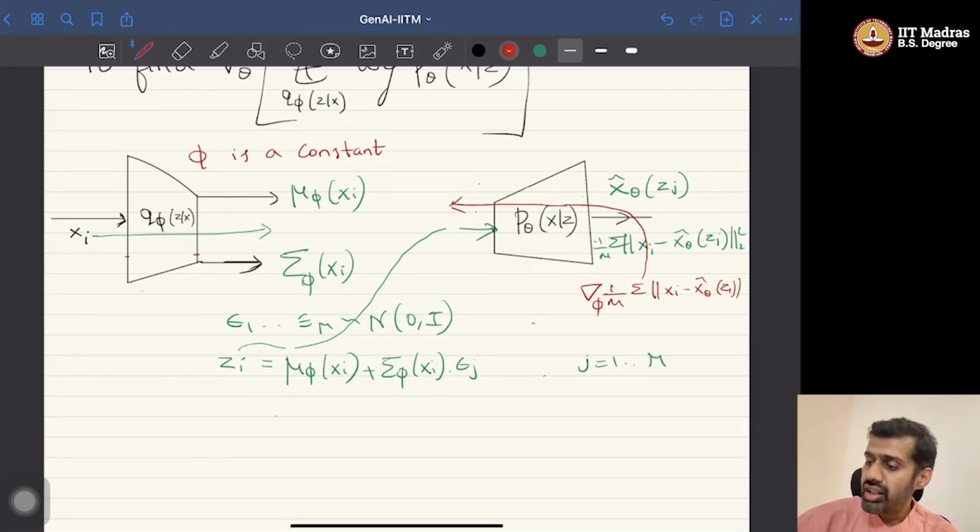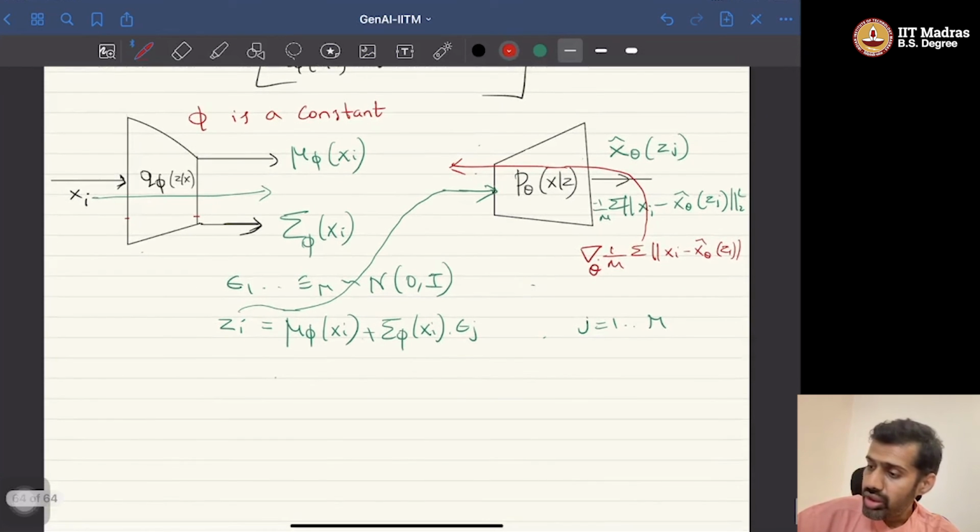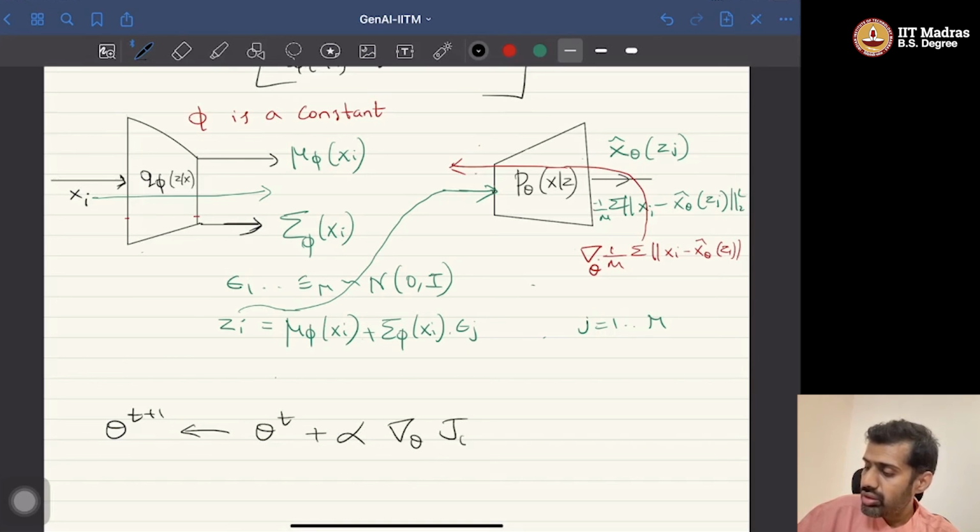We only need the encoder network for the forward pass, keeping phi constant during the backward pass. This is with respect to theta, not phi. Once we get this, theta t plus 1 is theta t minus some constant times the gradient. That completes one step of gradient descent on the decoder network.